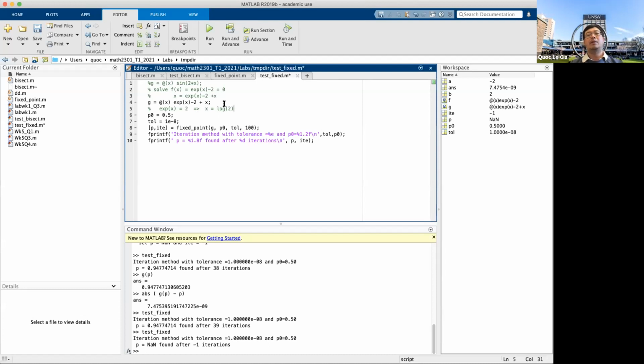So can we define logarithm of 2? Suppose we put g just equal to logarithm of 2. Let's see whether it works or not. So it's always equal to logarithm of 2.